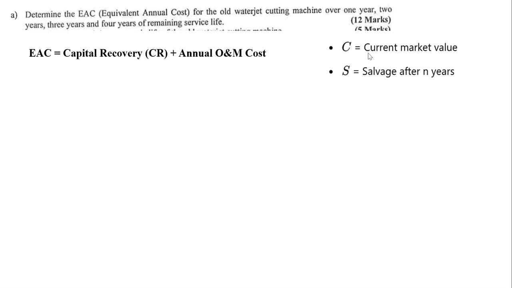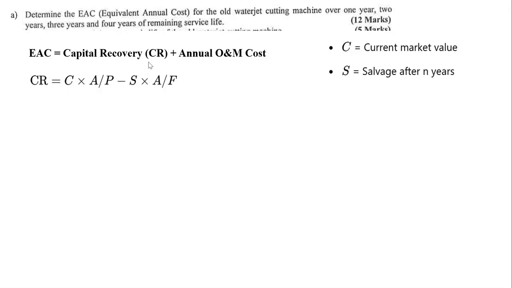So we have to calculate EAC. What is EAC? EAC is equivalent annual cost. How to calculate it? We have to calculate the capital recovery plus the annual O&M cost. C means current market value, S means salvage value.